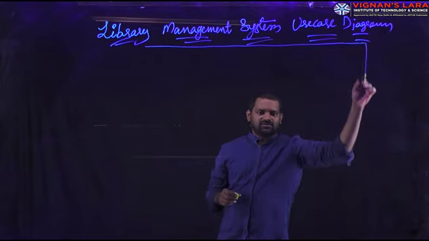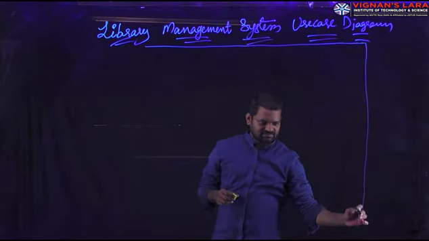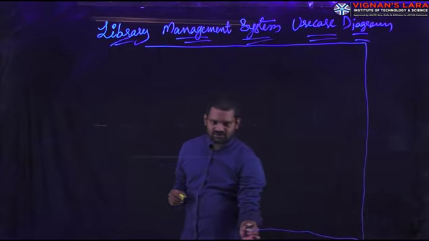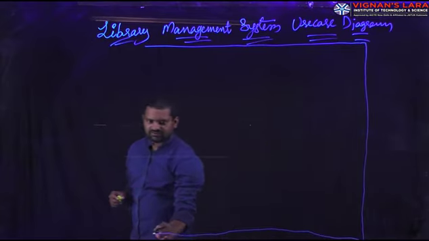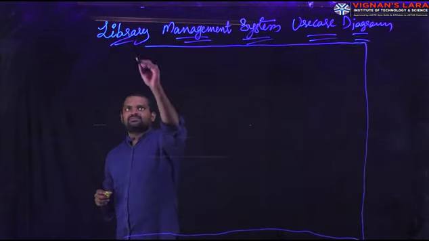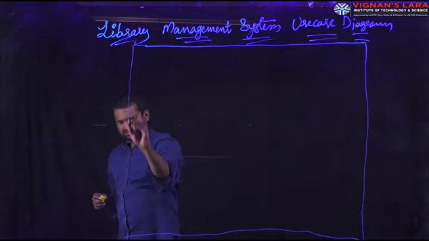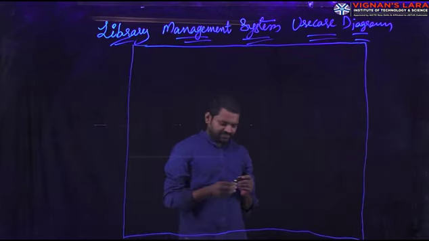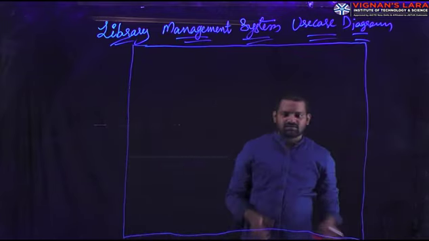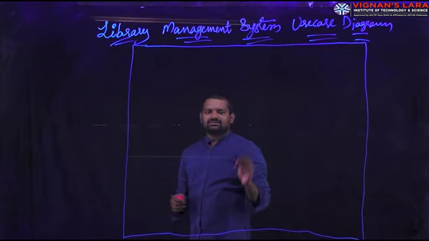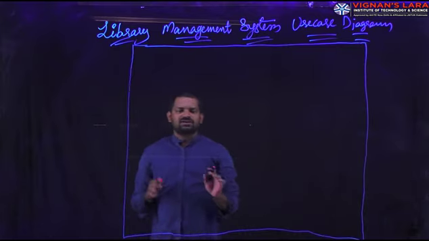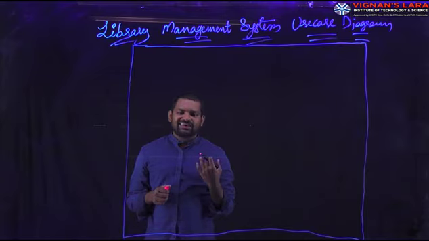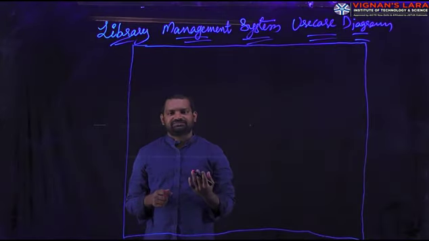First, the boundary line. We have to draw the boundary line of a library management system. In this boundary line, observe how many processes the use cases represent.